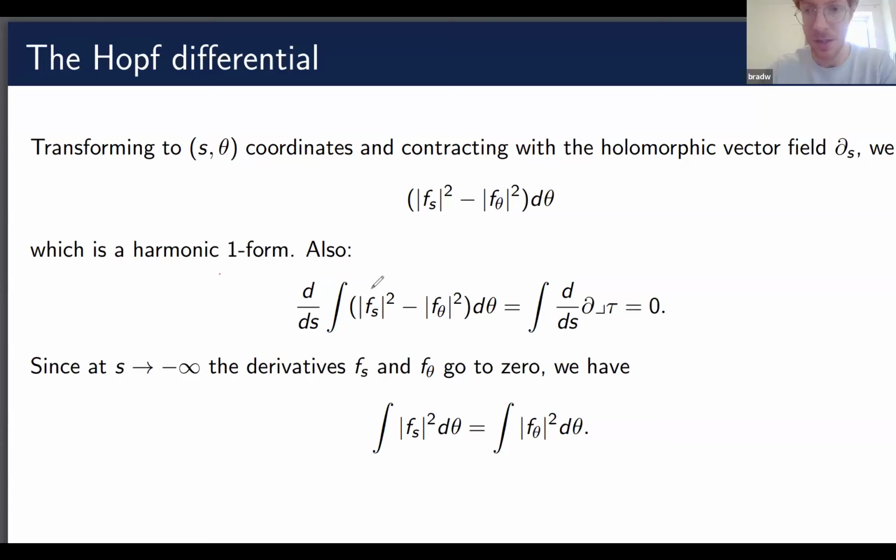We want to show that this is zero. It's not entirely obvious at first glance, but basically the idea is we know that this one form is closed.